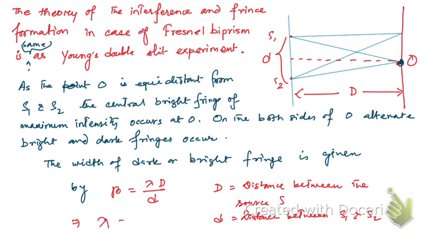Lambda is equal to beta d by capital D. So this is the formula. This is how we can calculate the wavelength using this Fresnel biprism.